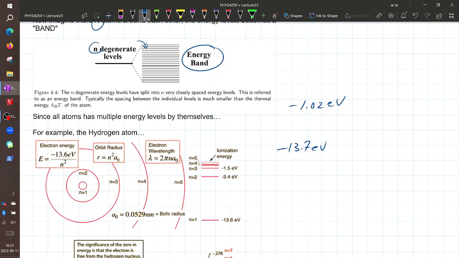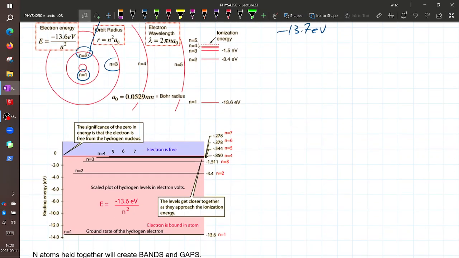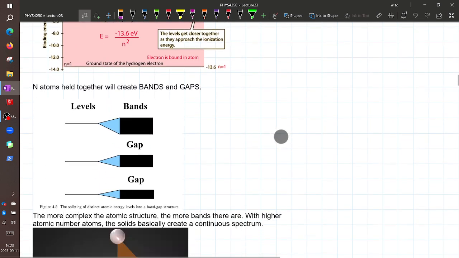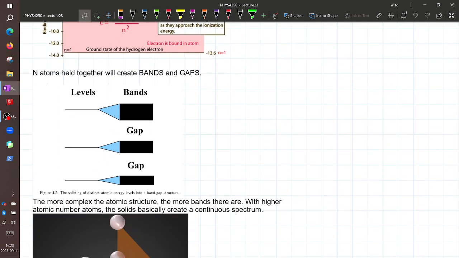So this degeneracy happens to the n equals 1 state, n equals 2, n equals 3, 4, 5. So there are multiple of these bands, even in a single atom, okay? Let's see, there's a picture of that. So this may be the n equals 1 energy band.